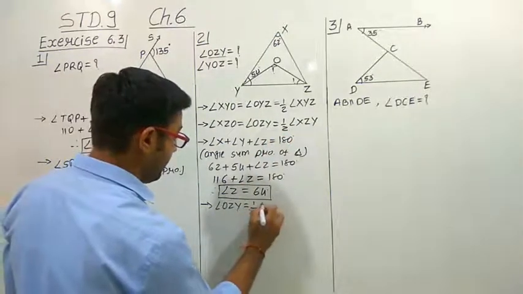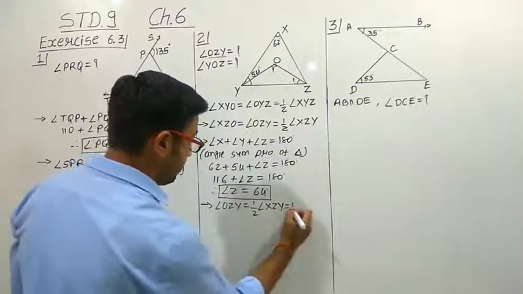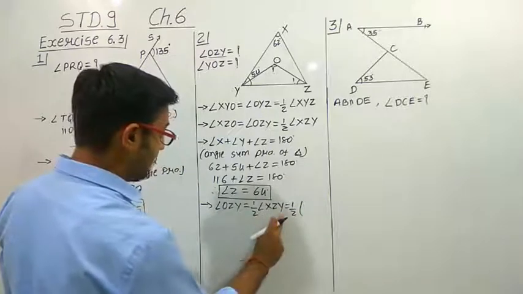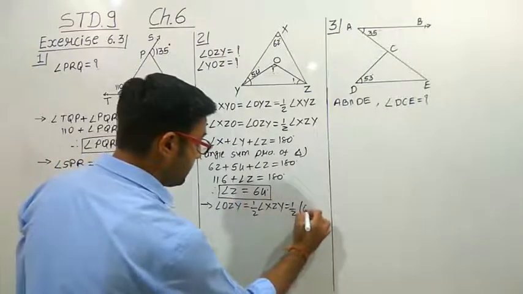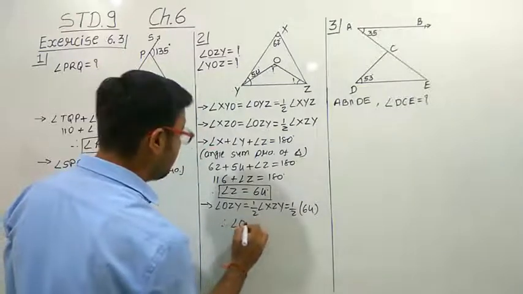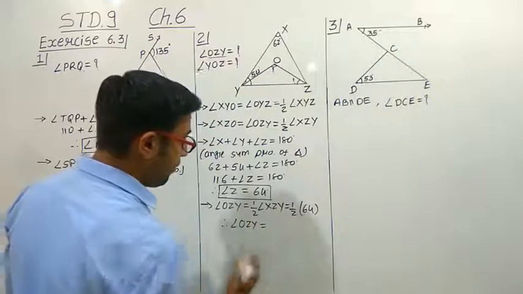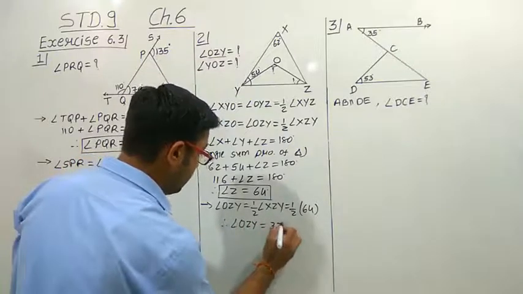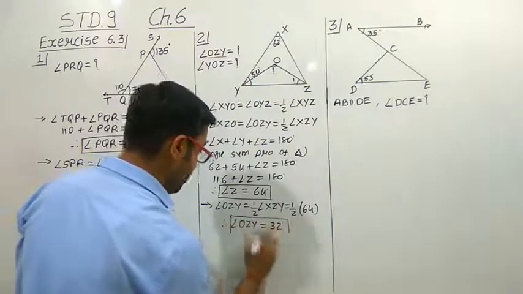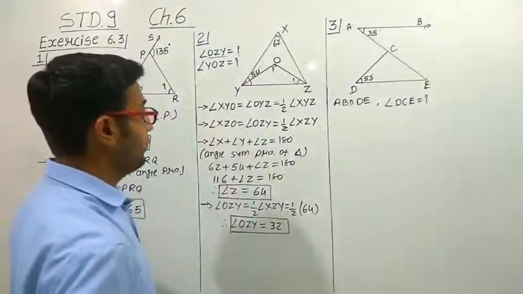XZY is angle Z, and that is 64, and therefore angle OZY is equal to 64 divided by 2, which is 32 degrees. So this is the value of angle OZY. First angle value we have found.